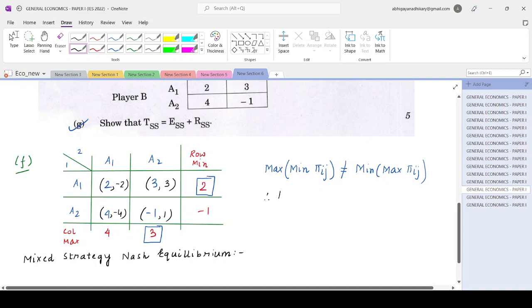No equilibrium in pure strategy, hence we go for mixed strategy.